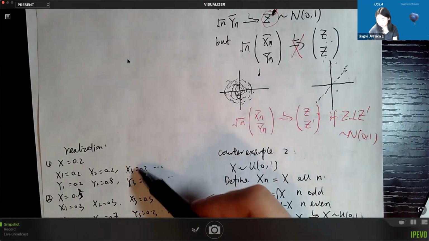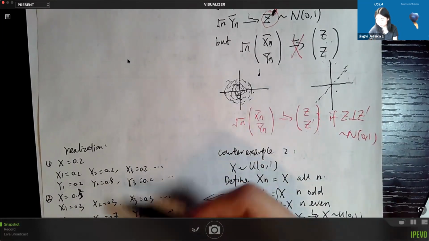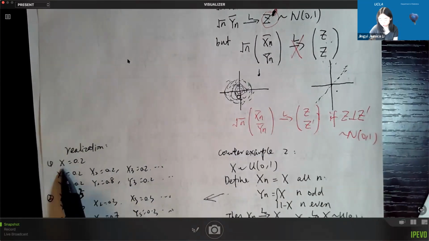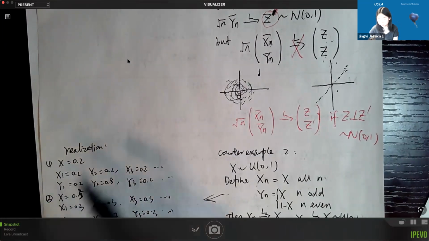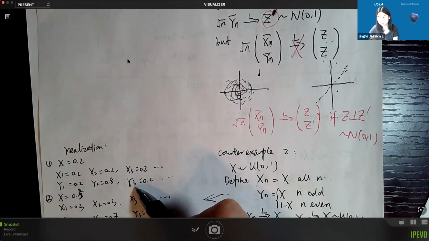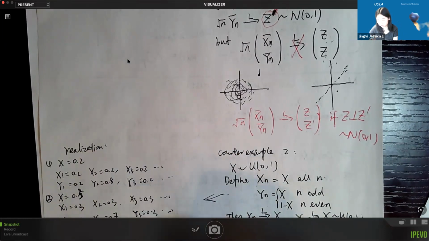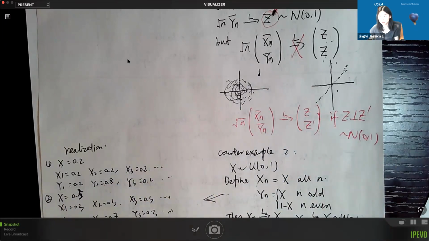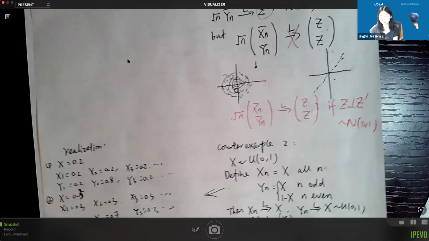Of course, the realization of Xn will follow a uniform distribution because my X is drawn from a uniform distribution. Fixing an n, I look across the realizations of Yn. It also follows a uniform distribution, because if n is odd, it's just the distribution of X. If n is even, it's just the distribution of 1 minus X, but both of them follow uniform 0, 1. So that's why this also holds.